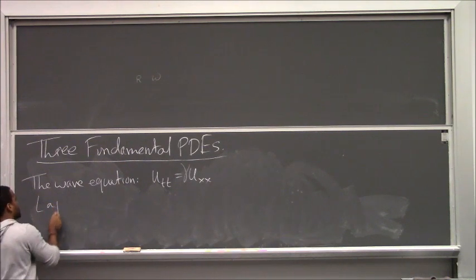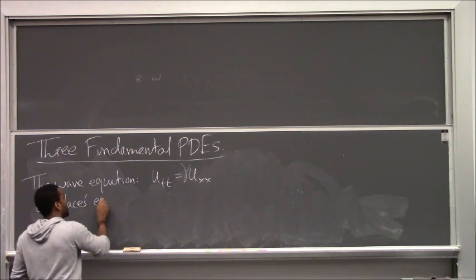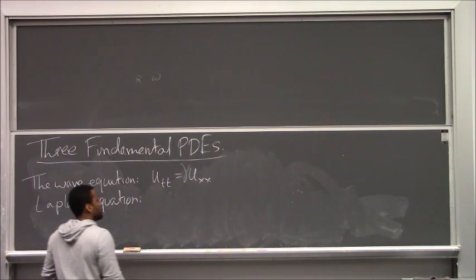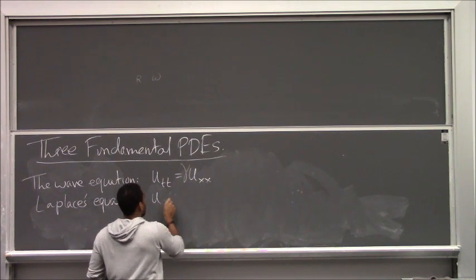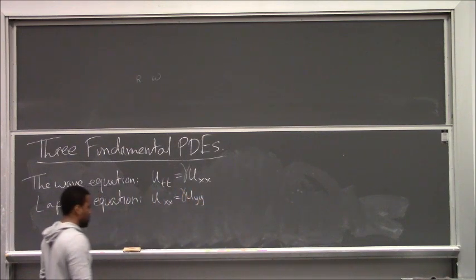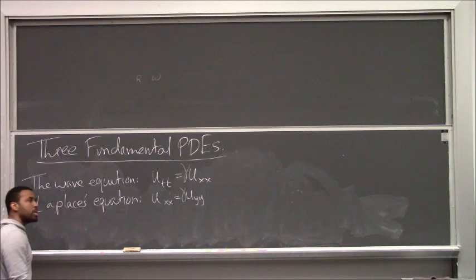Another one is called Laplace's equation. This one looks almost like a Laplacian, right? So u_xx equals u_yy. Again, sometimes a constant can be over here. That one governs a lot of things, but maybe the deformation of bodies would be one of them.